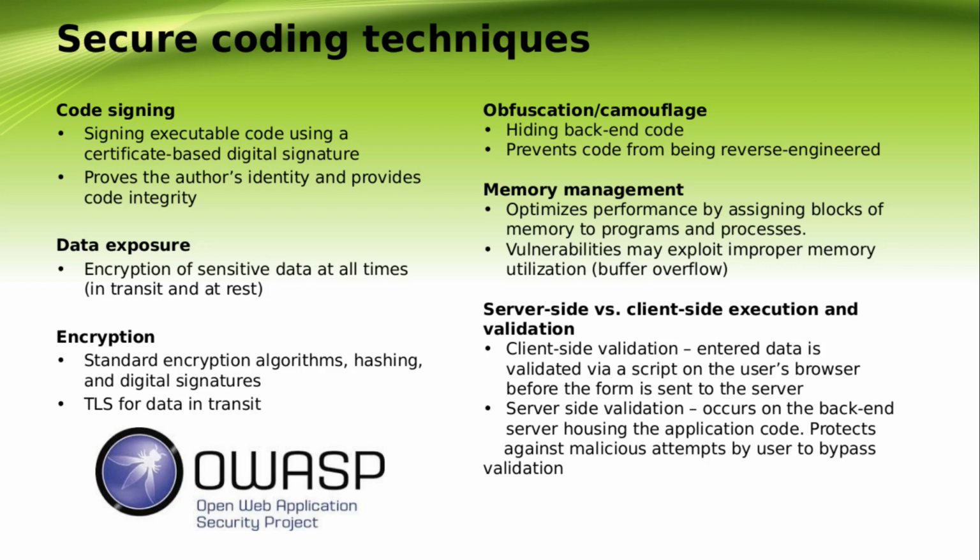Proper memory management in software development is important because many vulnerabilities take advantage of improper memory management techniques. For example, buffer overflow vulnerabilities are based on the ability to overflow the memory allocated for a variable. Suggestions for mitigating vulnerabilities such as buffer overflow include the following. One, verify that the buffer is as large as specified.